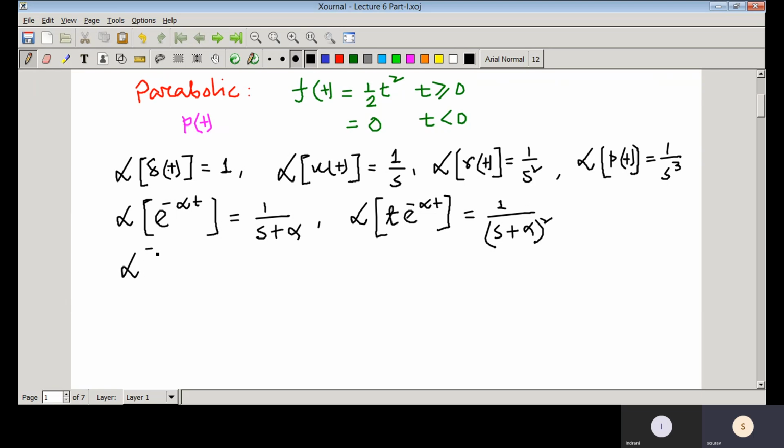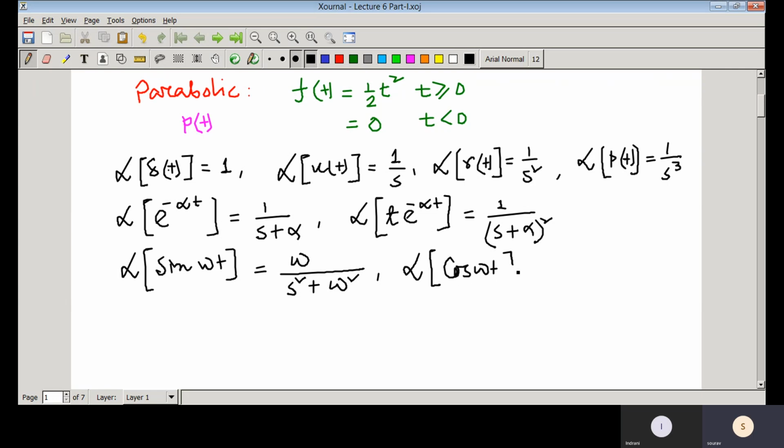Similarly, the Laplace transform of the sinusoidal signal sine omega t, with angular velocity omega, is omega by s square plus omega square. You can find all of these in signals and networks books or any standard control systems book. Then the Laplace transform of cosine omega t is s by s square plus omega square.